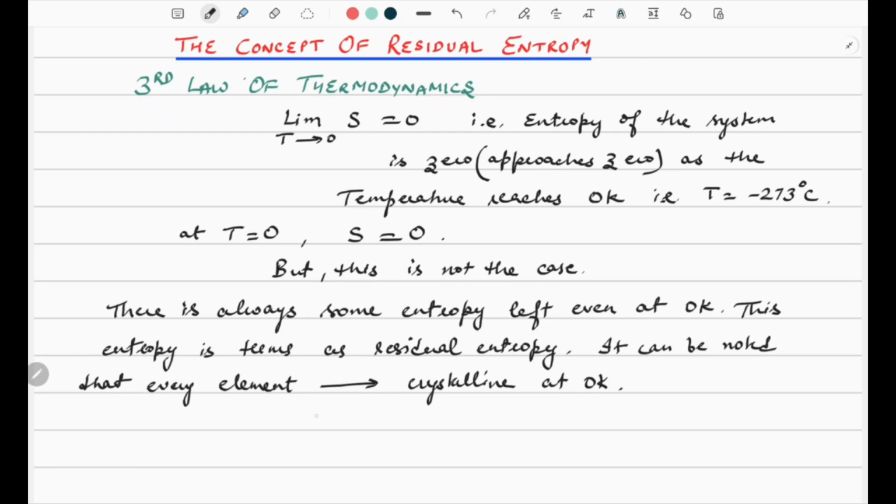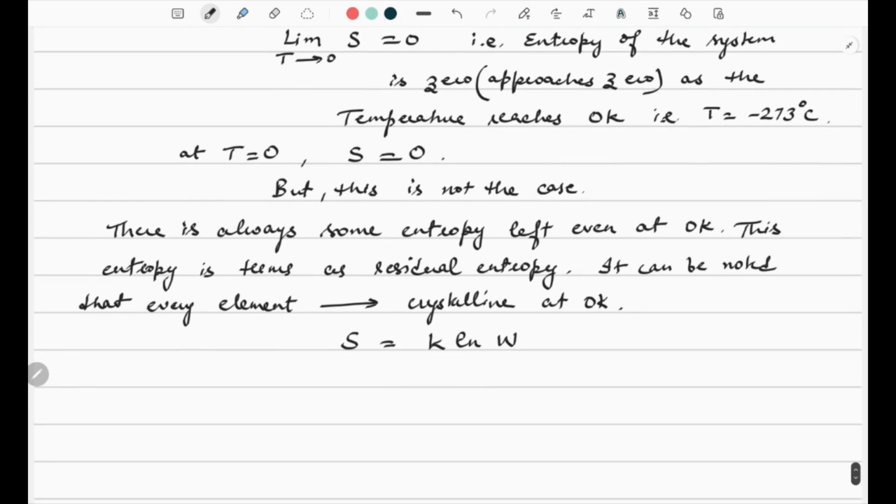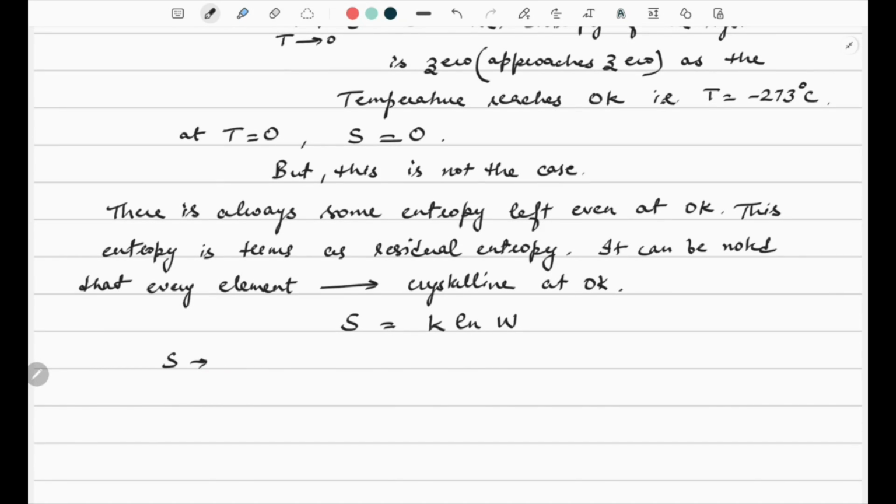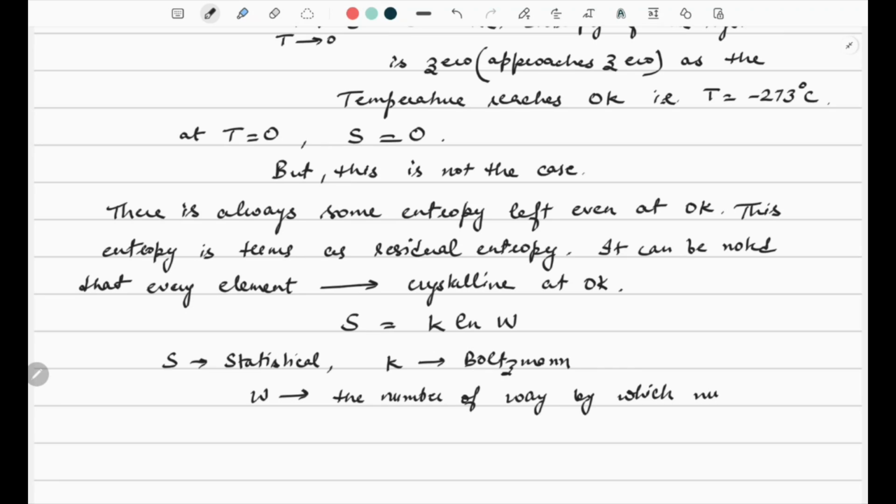Now coming down to the mathematics, by definition entropy is given by S is equal to K log of W, that is S is our statistical entropy, K is Boltzmann constant, and W represents the number of ways by which molecules can align in a crystal lattice.